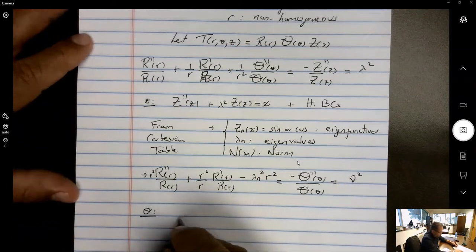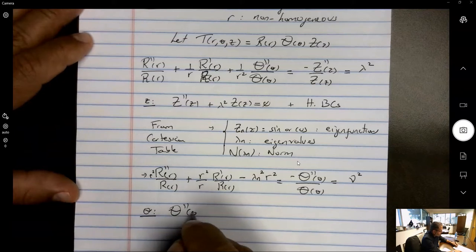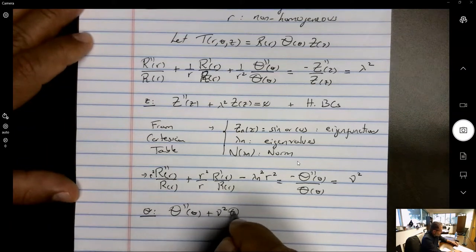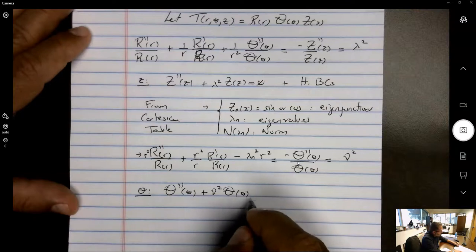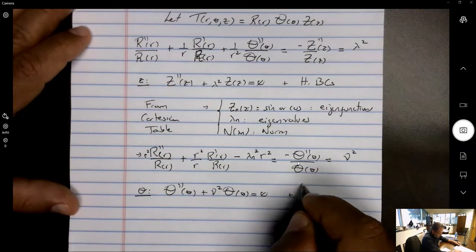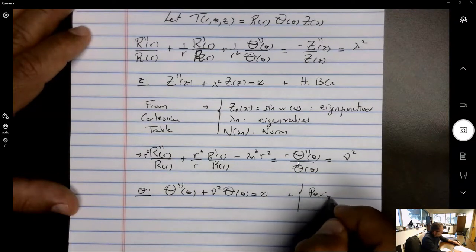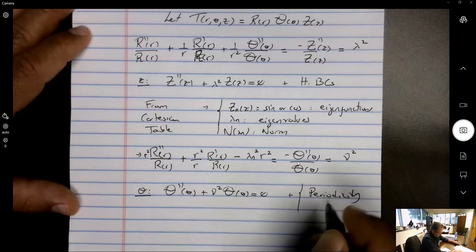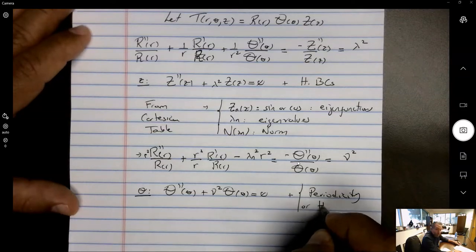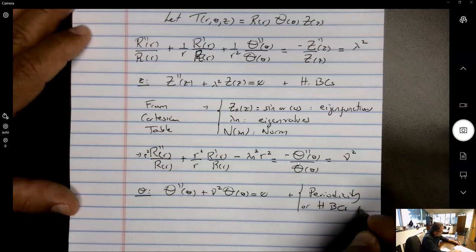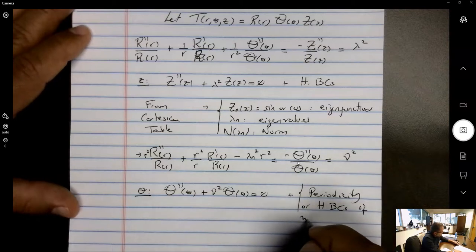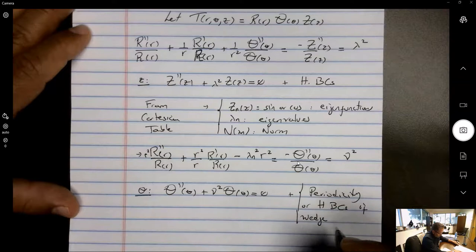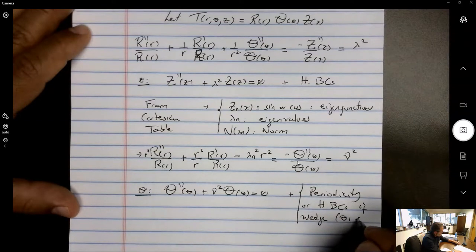So in the theta direction, we have Theta double prime of theta plus nu squared Theta of theta is equal to 0, plus periodicity or homogeneous boundary conditions if wedge. So theta 1 and theta 2.